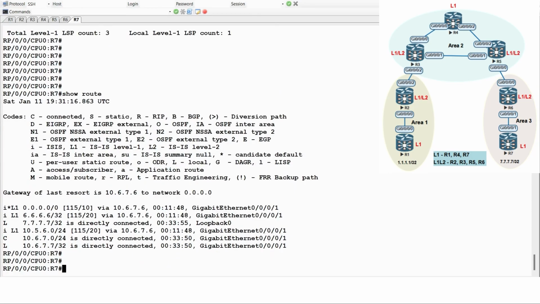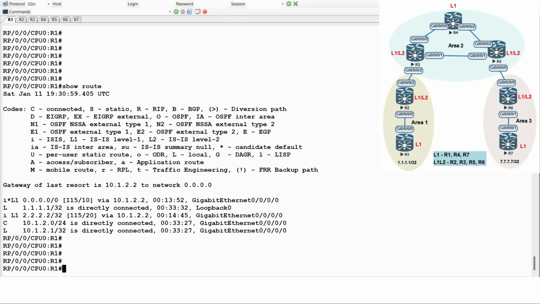Router R7 also has a default route pointing to router R6, which has advertised the attached bit in its L1 LSP. Router R7 has reachability information for prefixes only within its area. It has no idea about prefixes in other areas.